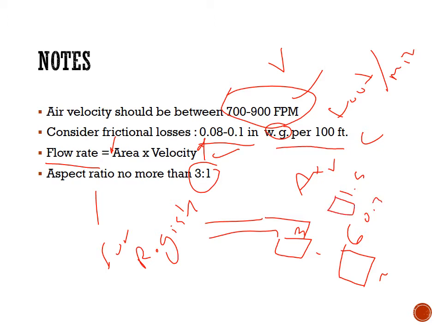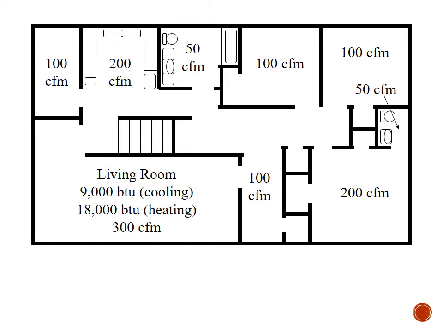So you want to keep that aspect ratio for some static reasons, and also for flow rate reasons. So this is an example of a house being converted from BTU to CFM, and that can tell you many things actually.